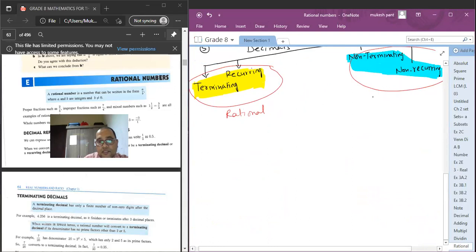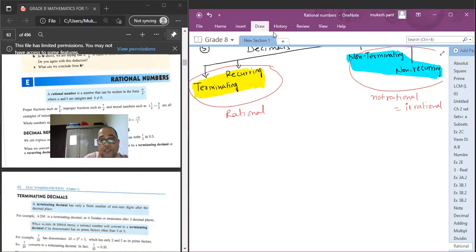Not rational means irrational. If you want to use one word, simply add IR as a prefix, so it becomes irrational. Okay, now we take some examples.